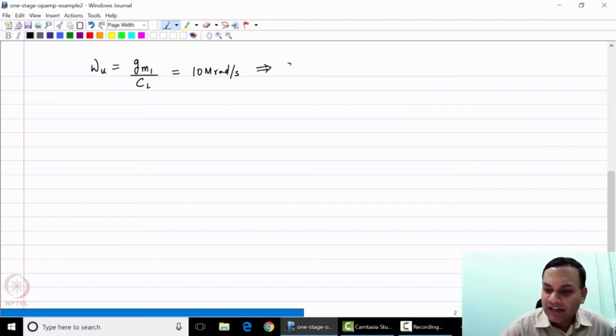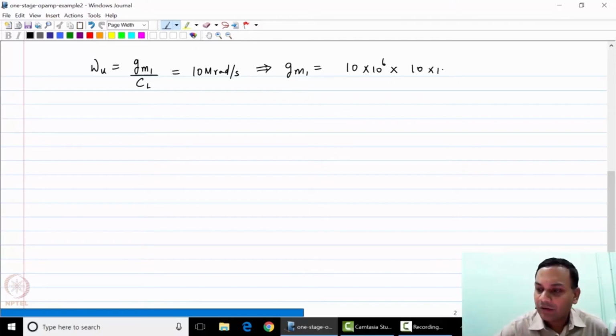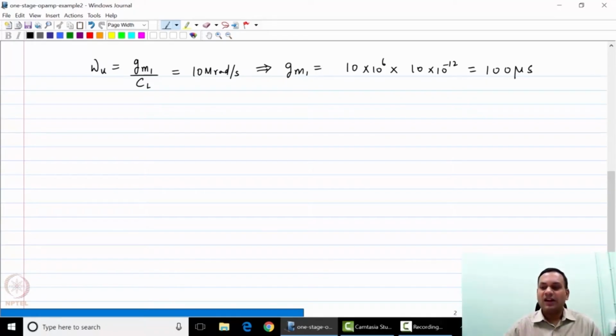This means that gm1 should be equal to 10 into 10 power 6 times 10 into 10 power minus 12, or 100 microsiemens. So this now is a good place to start, because this lets us set the value of the gm of the input pair, which is one of the most important parameters in your design.